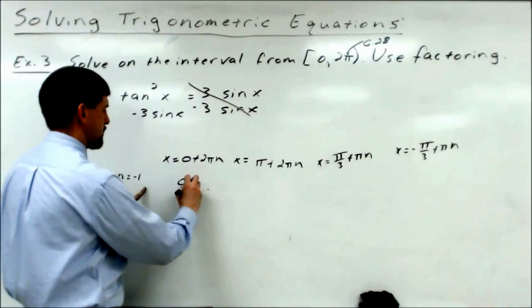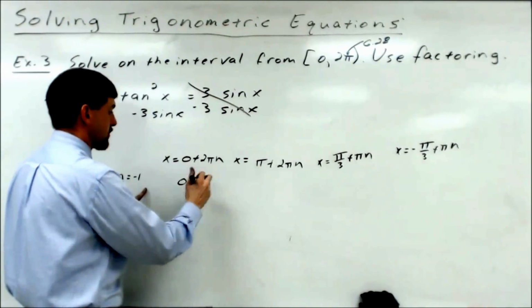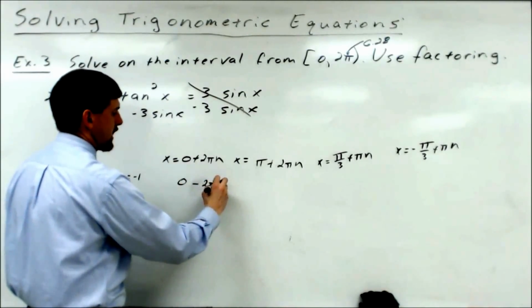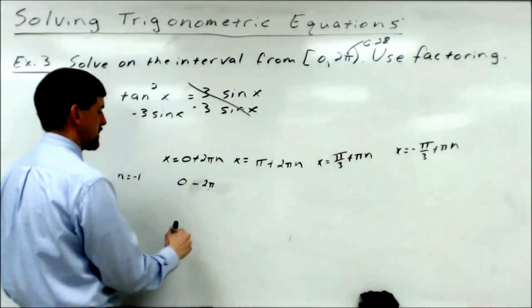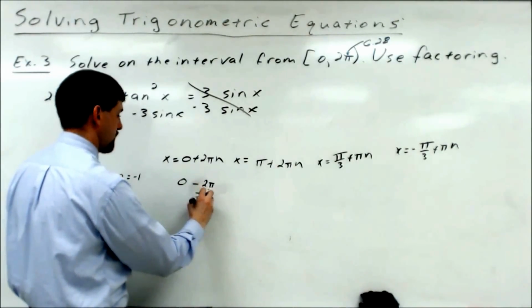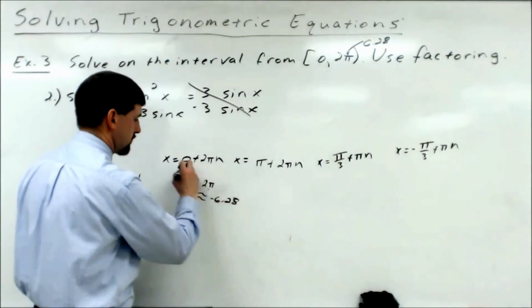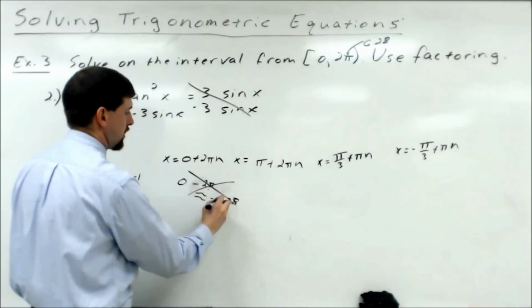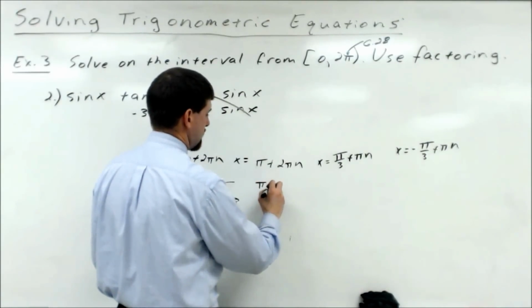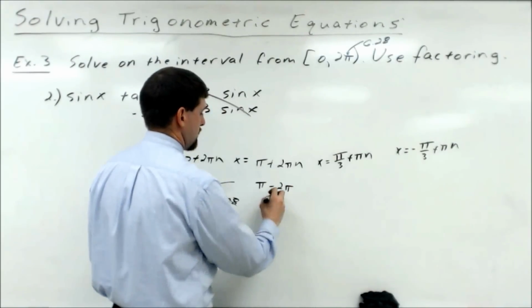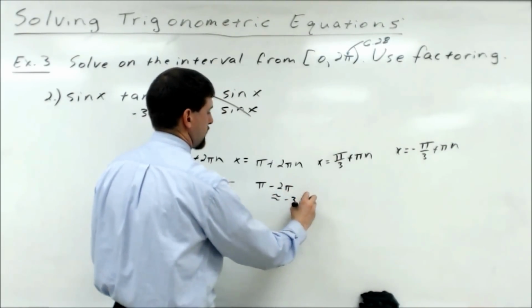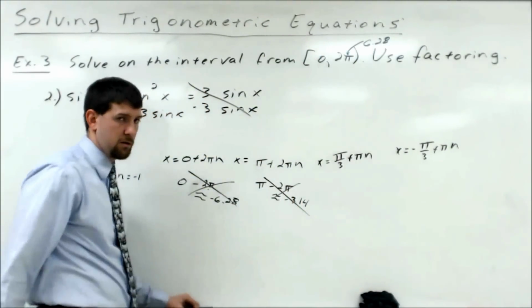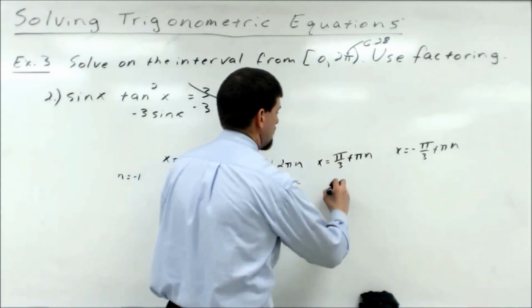So 0 plus 0 minus 2 pi is going to give me -6.28. Obviously, it doesn't work. Pi minus 2 pi is approximately -3.14. Again, not between 0 and 6.28. It won't work.